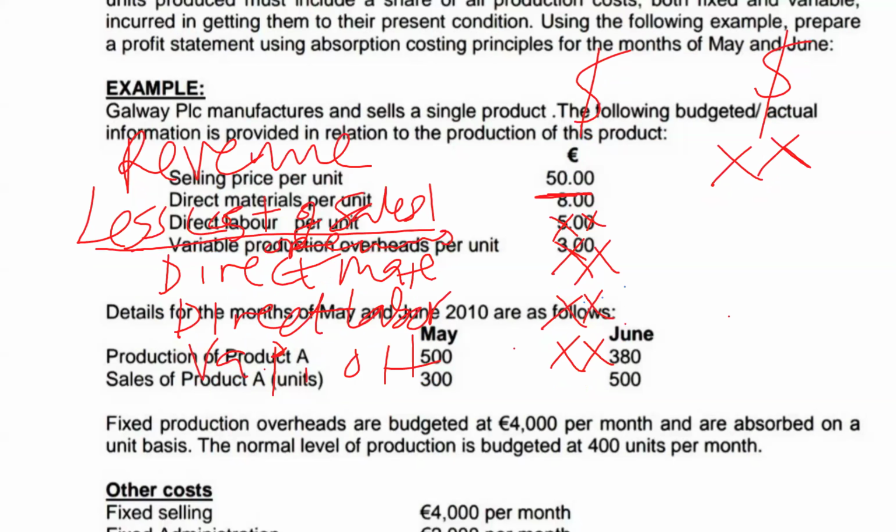The variable overheads are the indirect costs that cannot be traced directly to a specific product being produced. Indirect costs simply mean those costs that you can't really trace directly to a specific product or service that you are producing. Is that clear?